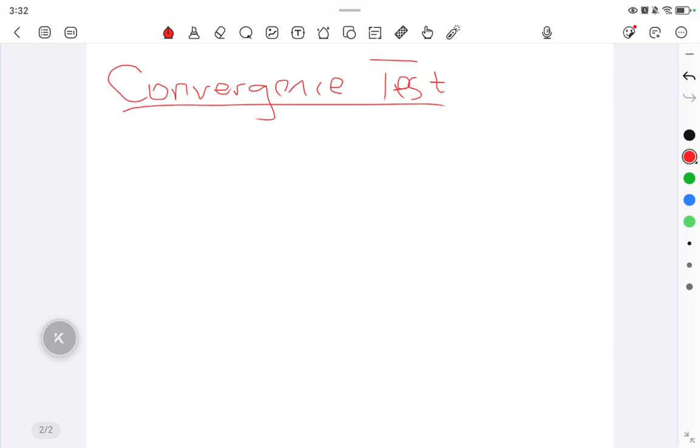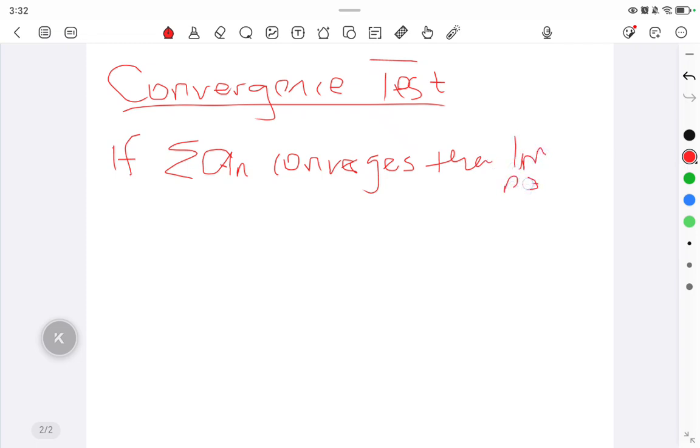Remember, the convergence test says that if the summation of an converges, then the limit as n approaches infinity of a of n will be equal to 0. You see, right? So this is what the convergence test says.